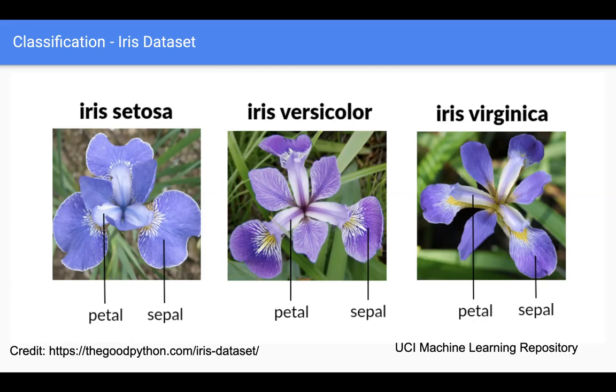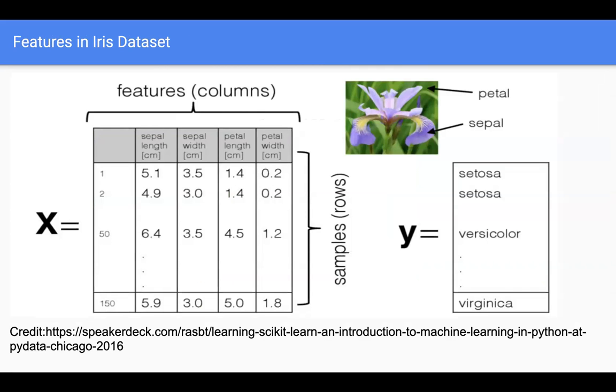So that would be a classification problem wherein you are given an unknown flower with a given length or width of a petal or a sepal, and you have to identify which category this flower belongs to. That will be a classification task, and let's look into how the data set might look.